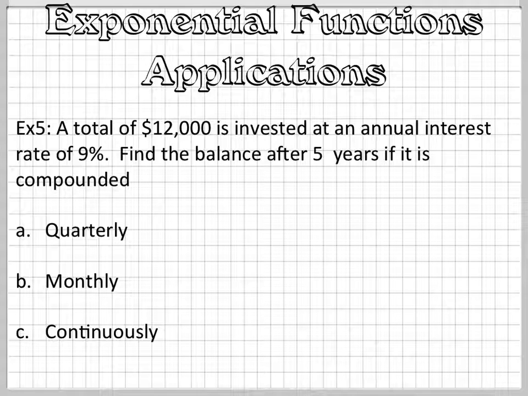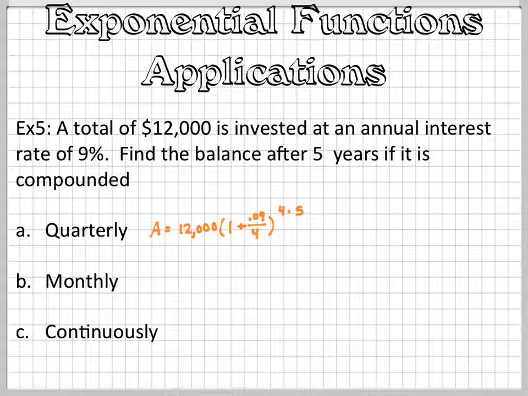And so what you would do is you would use A equals, and then your principal before the balance has the interest added to it is 12,000, and then you multiply times 1 plus the rate, which is 0.09 over 4, because it's compounded quarterly. That's where we get the 4 from. 0.09 is your 9%. And then we're raising that to 4 times 5. Again, 4 is the number of times it's compounded, and 5, that's how many years.